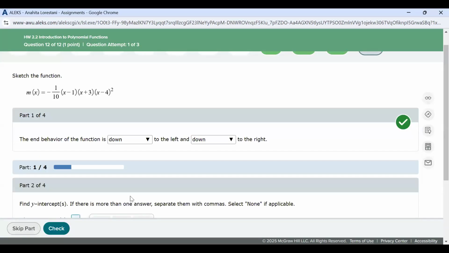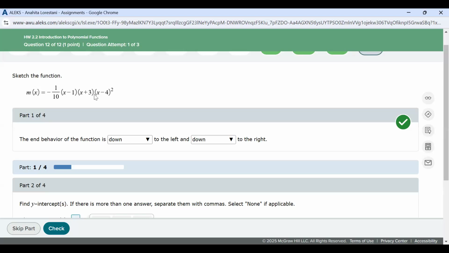Then we want to find our x-intercept, y-intercept. We are going to substitute 0 here, here, and here. So 0 in the first parenthesis gives us -1. 0 for the second parenthesis gives us 3. 3 times -1 is -3. I put 0 here. 0 minus 4 is -4. -4 to the power 2 is 16.